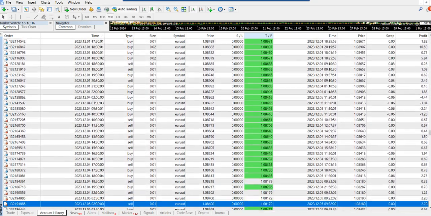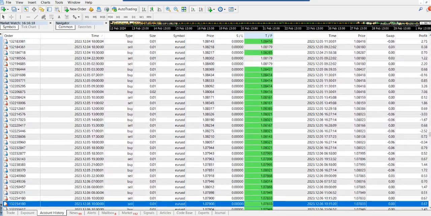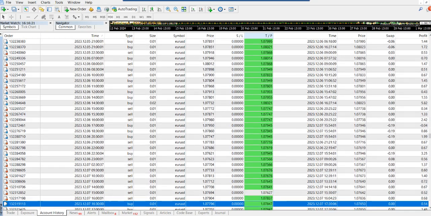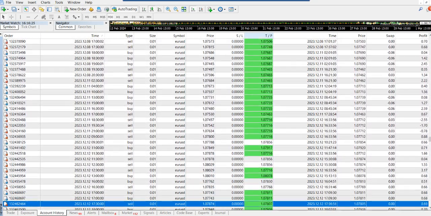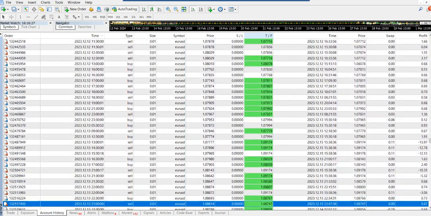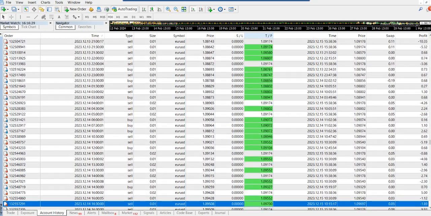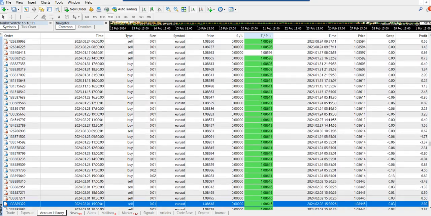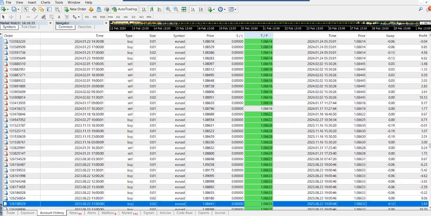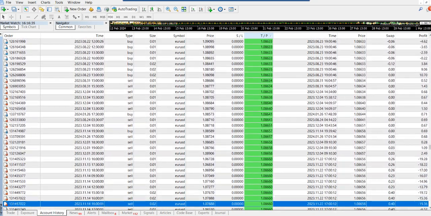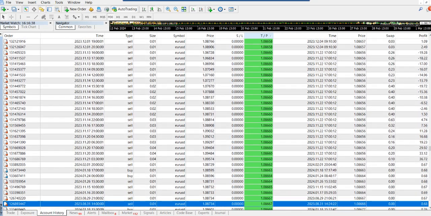Okay, so I think earlier maybe I sorted it based on something. I don't remember exactly, but you can see most of the lot sizes started with 0.01. We will be using multiple smaller lot sizes instead of taking a higher lot size.